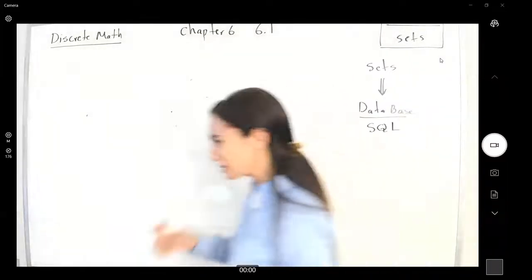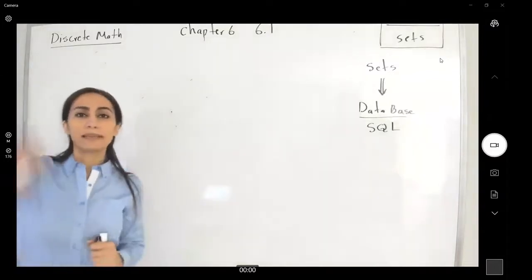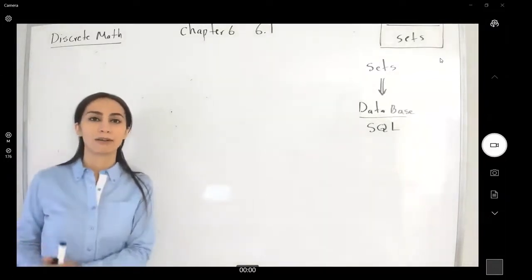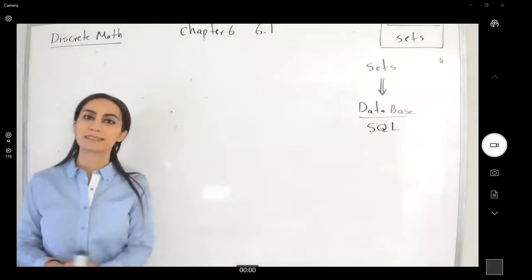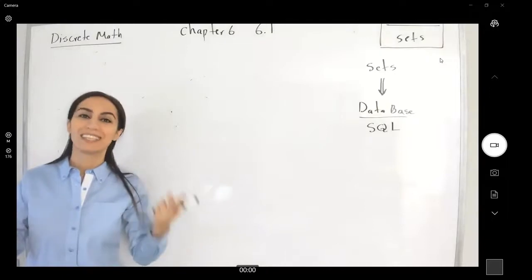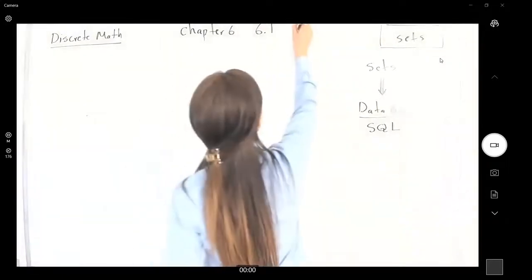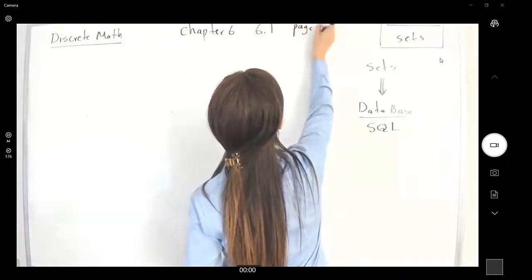Very well. So what is a set? Remember, at the beginning of the course, we started talking about some basic elements in discrete math. One of them was set. So 6.1, page 1.